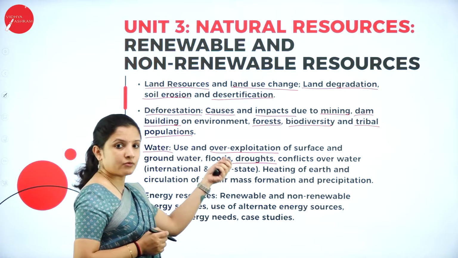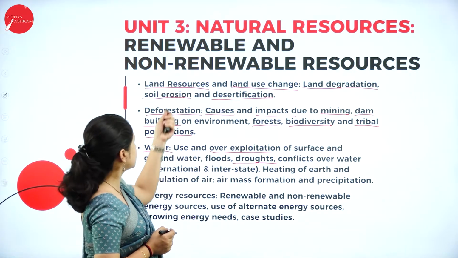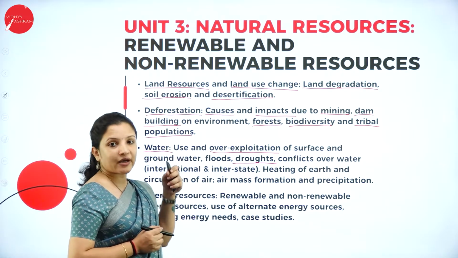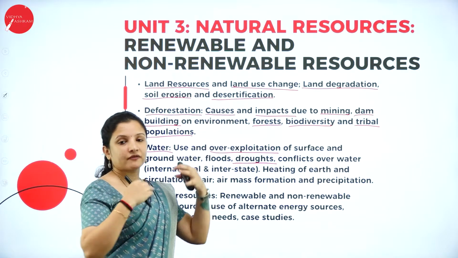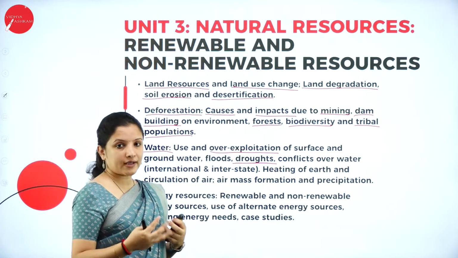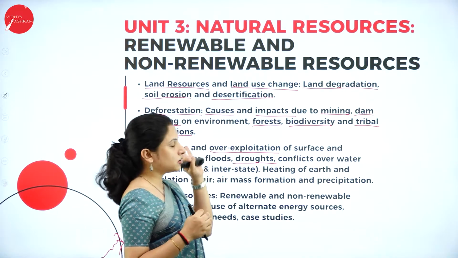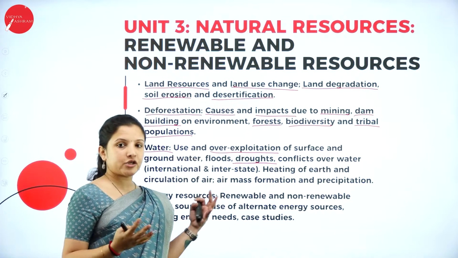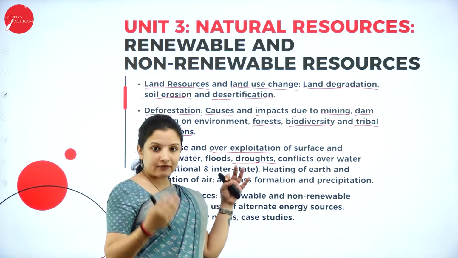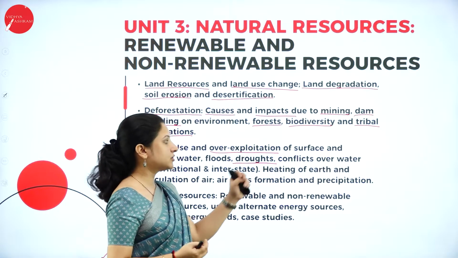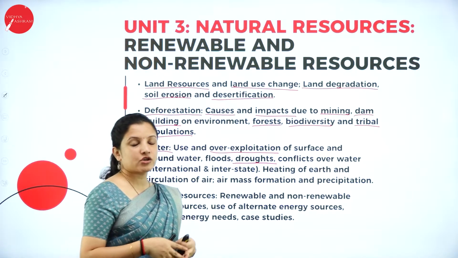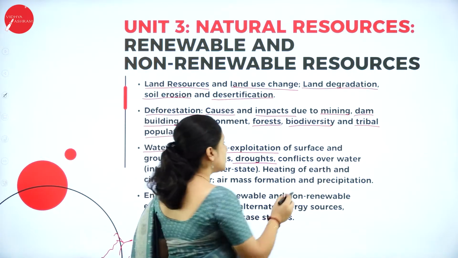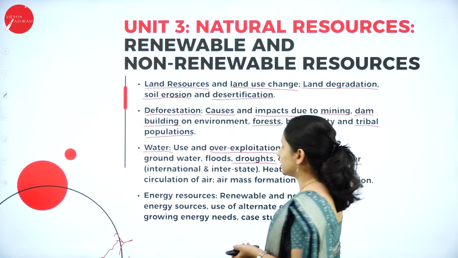Again, one of the main reasons for droughts is deforestation. That is why in environmental studies, each topic is interconnected. So how the overuse and exploitation of water, or deforestation, has resulted in droughts, and because of this drought condition or scarcity of water, there are conflicts over water, right?